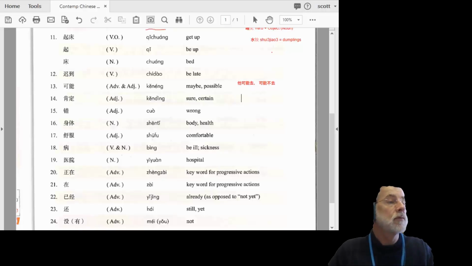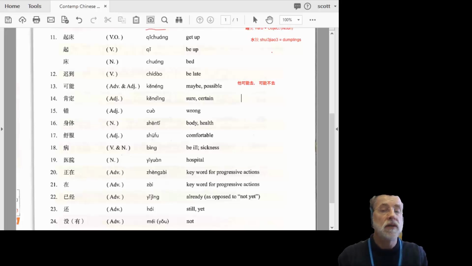Okay, so moving on to sure or certain. 肯定. And as it says here, 肯定 is an adjective or can be used as an adjective. And in our textbook, lesson 2, dialogue 1, we have a section where we're talking about one of the students who has not come to class, and the teacher and the other students are talking about what might have happened.